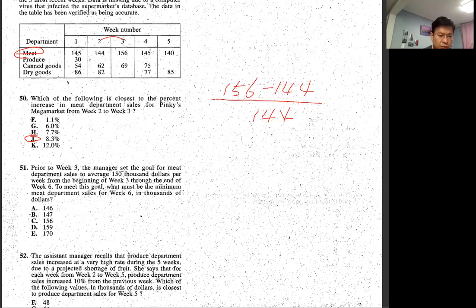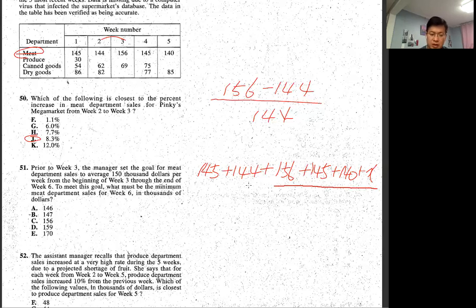The week three manager's goal is for the meat department sales to average 150 dollars per week from the beginning of week 3 through the end of week 6. Okay, average is what? So right now, 145 plus 144 plus 156 plus 145 plus 140 plus x.